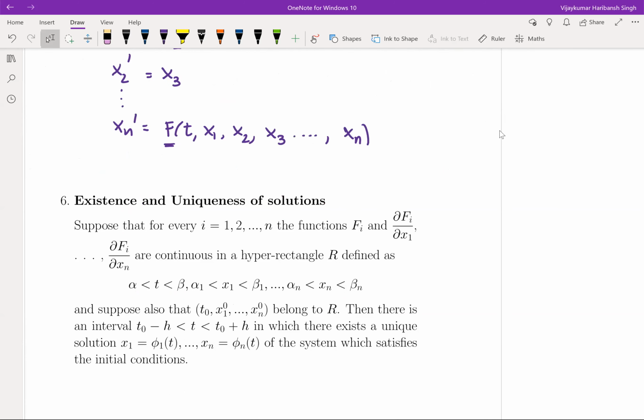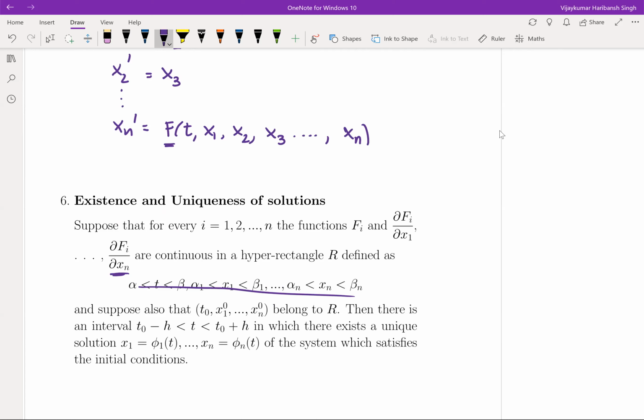So now let's talk about the existence and uniqueness. Suppose you're given, for each i from 1 to n, fi and the partial derivatives of fi with respect to x1, and so on, are continuous in a hyperrectangle defined by alpha less than t less than beta, alpha 1 less than x1 less than beta 1, and so on.